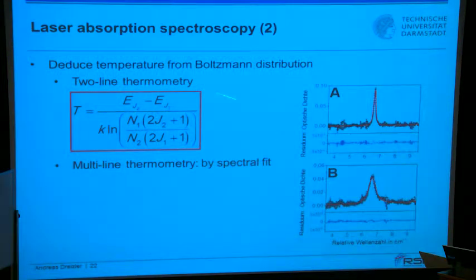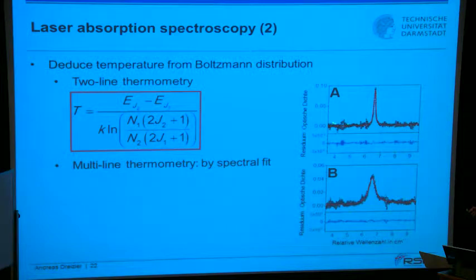In principle, you can extend that. As I said, having only two lines, you make a ratio in the end of two measured quantities. If these are noisy, a noisy quantity divided by a noisy quantity is not very good. That's why it's maybe better to measure a full spectrum and then make a spectral fit, as shown over here. That can be done if you have a well-known molecule where you have all the line strengths and all the effects of line broadening, again, something I cannot discuss over here.